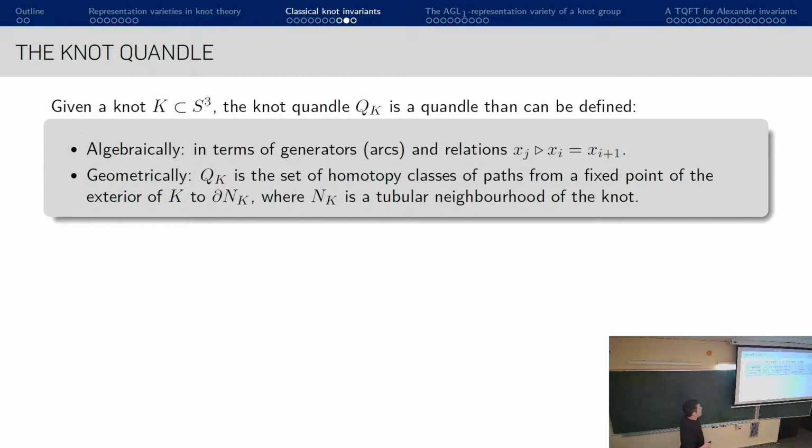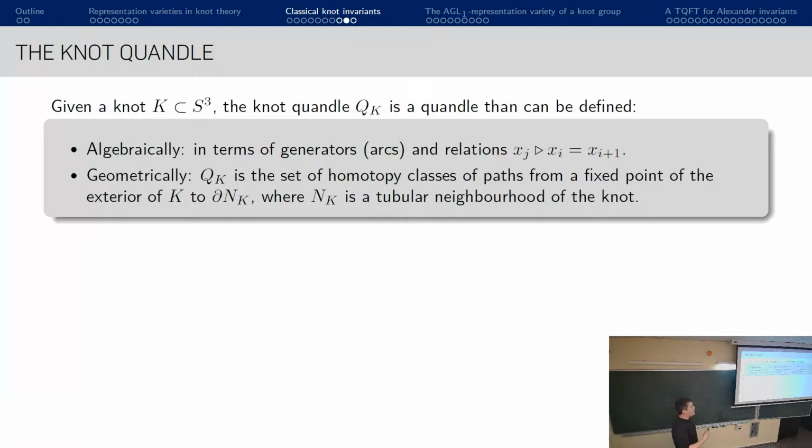And then, what's the knot quandle? Well, given any knot and any planar projection, you can define a quandle in a similar way to how you define a presentation for the fundamental group. You pick the arcs as generators, and then those conjugacy relations that appear when you're building the knot group, that's the quandle structure you're going to introduce.